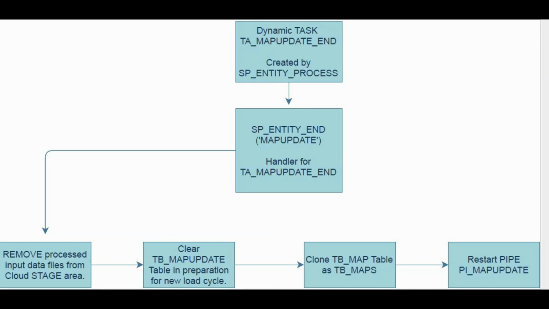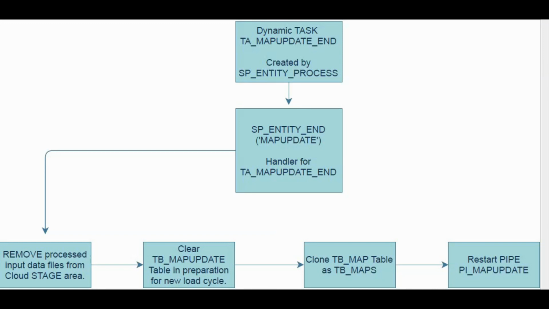The first thing SP_entity_end does is use the Snowflake remove command to delete all input data files which have been successfully processed from the cloud folder referenced in the Snowflake stage object. Next, the TB map update staging table is cleared out in preparation for a new load cycle.